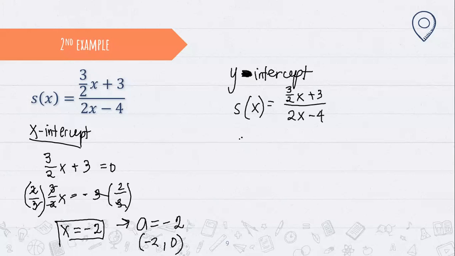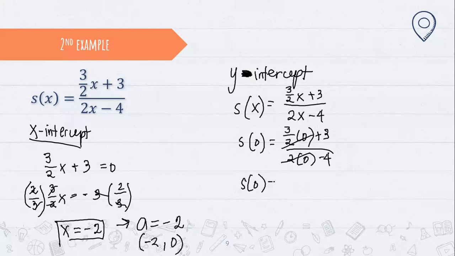Substitute x with 0. S of 0 equals (3/2 times 0 plus 3) all over (2 times 0 minus 4). The zero terms cancel. So S of 0 is equal to -3/4. That means our b is -3/4.